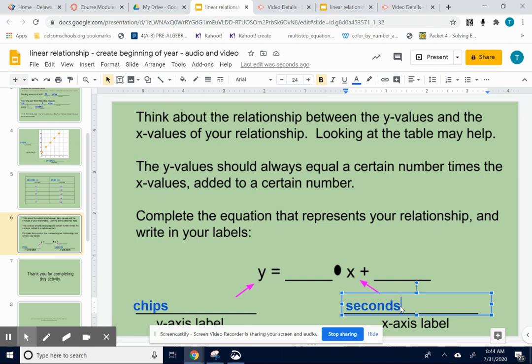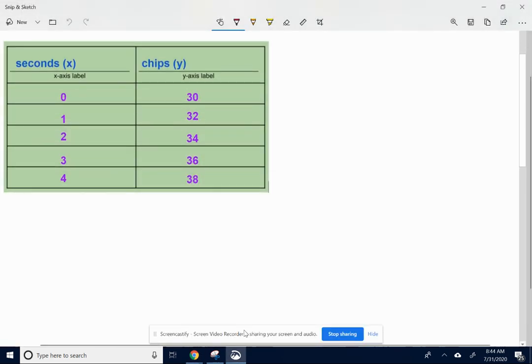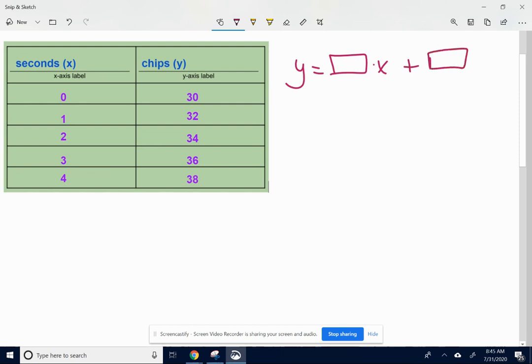Okay, now I'm going to go back to my data table and see if I can figure out the pattern. I have my data table. I want to think about the y value is always equal to some number times the x value plus another number. So let's just start looking at some of these.